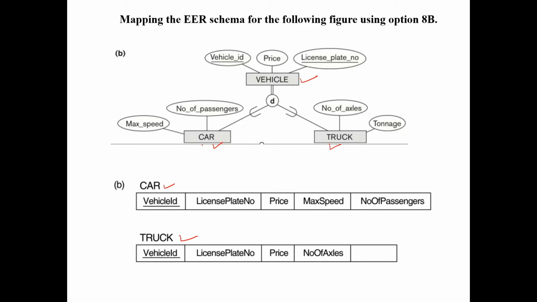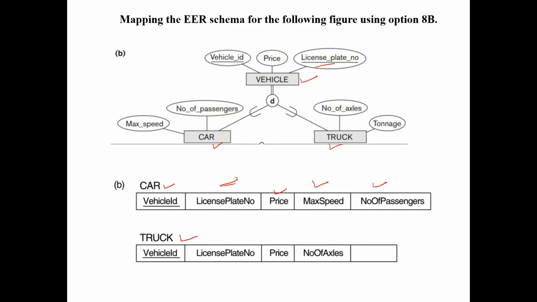So here for the car, add all the attributes: maximum speed and number of passengers, and all the other attributes we have to inherit in the car from the vehicle. So vehicle ID, price, and license plate, all these are inherited here in the subclass.